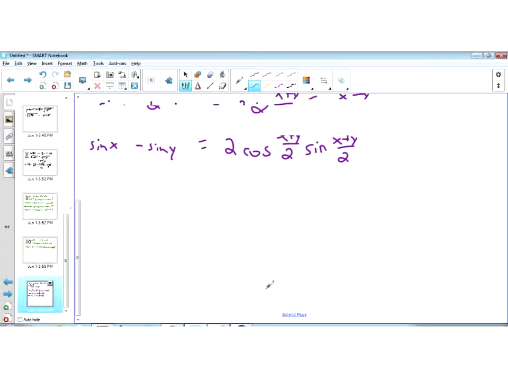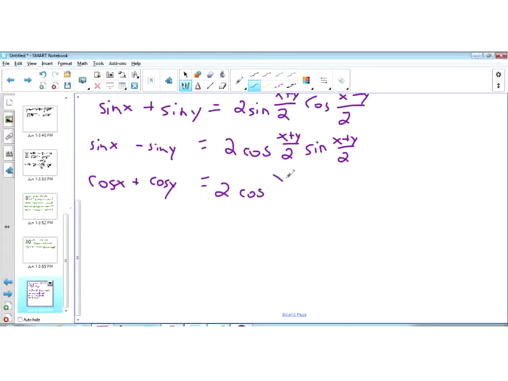You can prove this in the same fashion you would a trigonometric identity. And then the sum of two cosines can be expressed as 2 times the cosine of x plus y over 2 times the cosine of x minus y over 2.